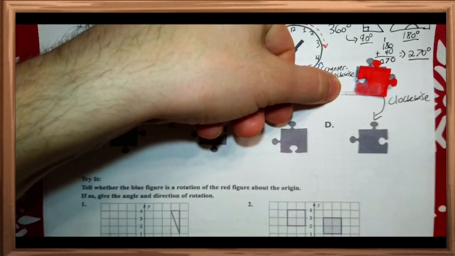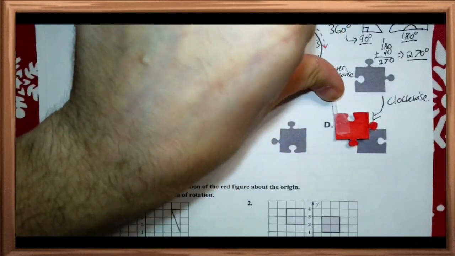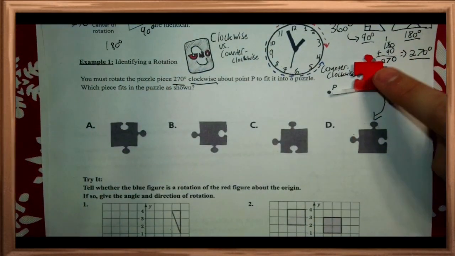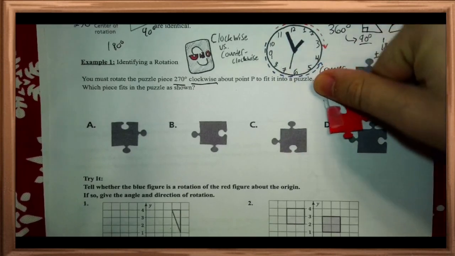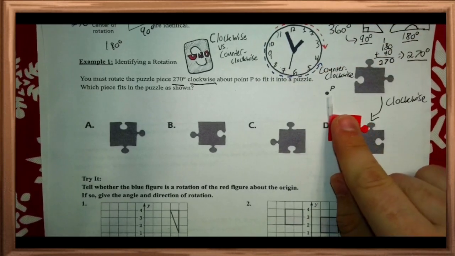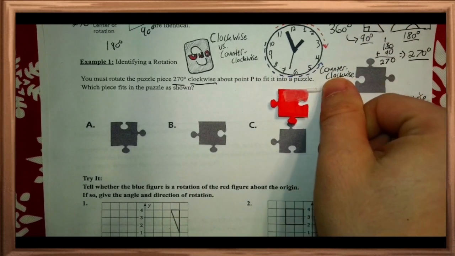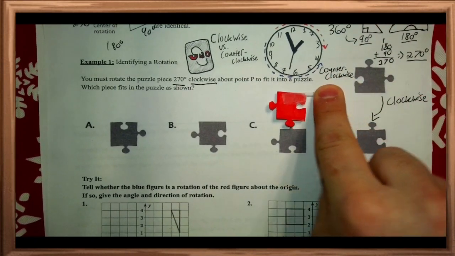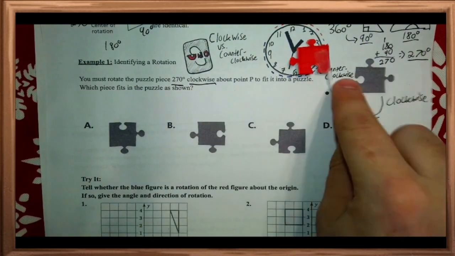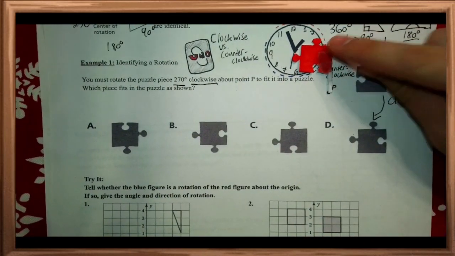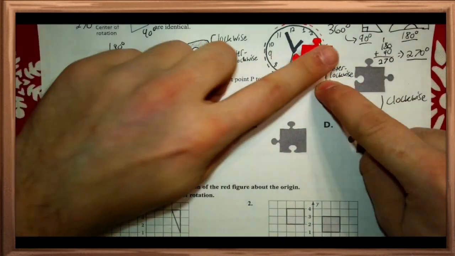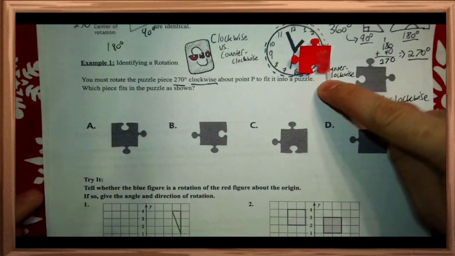So, here's time number 1. Let me see if I can get a better picture of this. Time number 1, there's 90 degrees, 180 degrees, and then one more time, 270 degrees. So, this is the shape that we end up with for our puzzle piece.